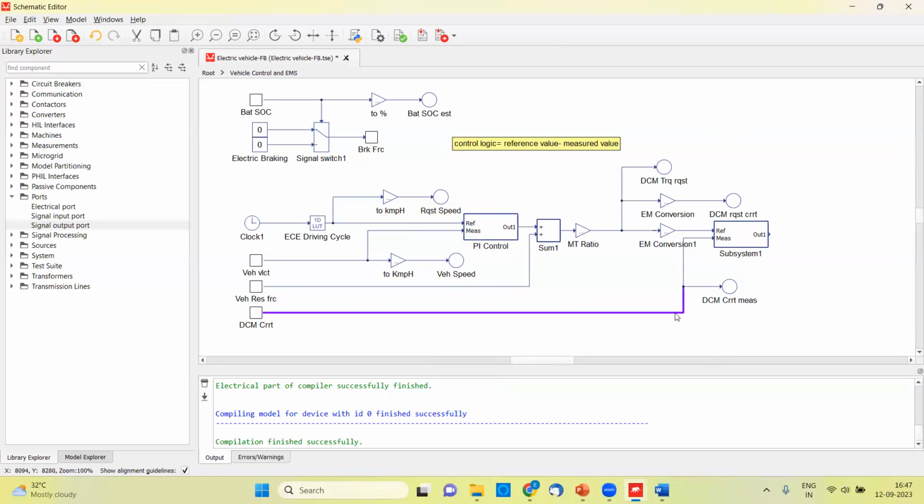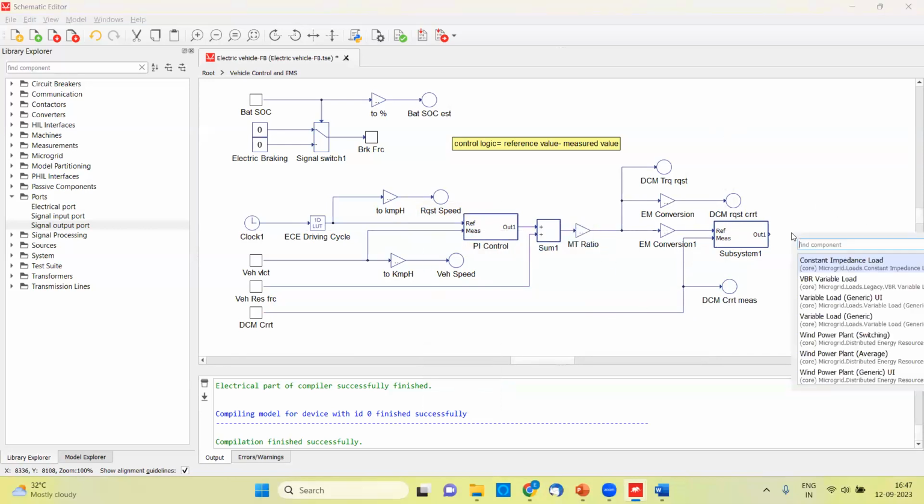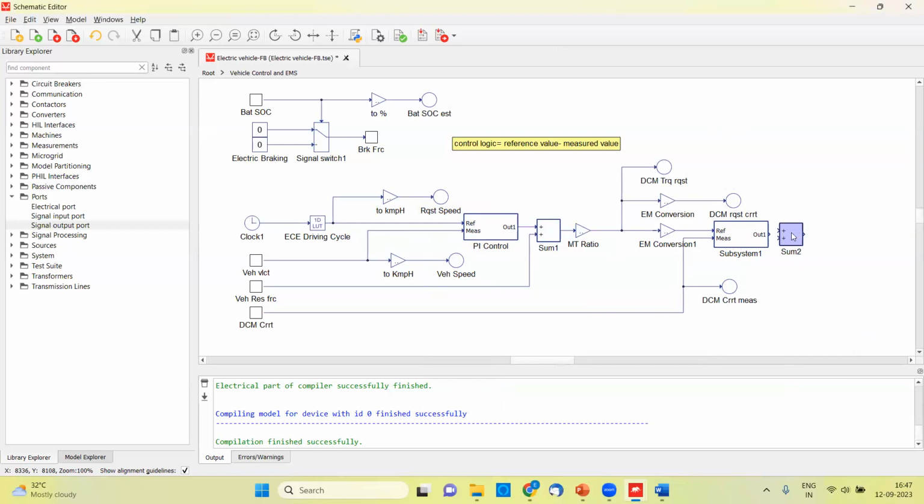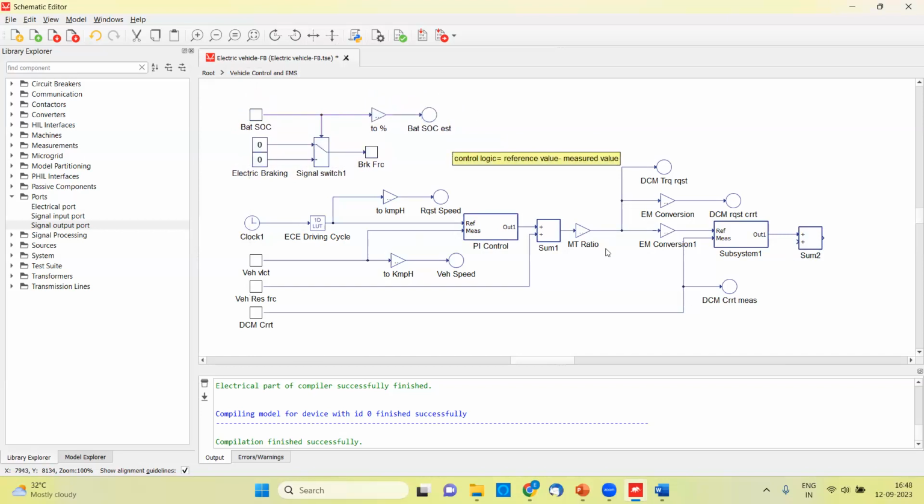Then I also have one sum block over here, similar to what we made earlier. Then 2 more further inputs which we will be considering, that are also coming from other components of the subsystems.